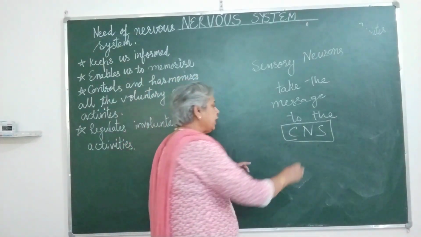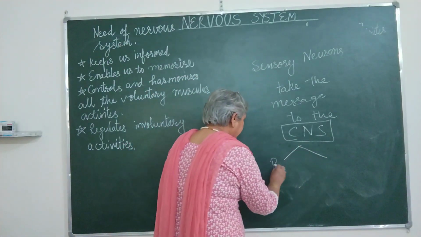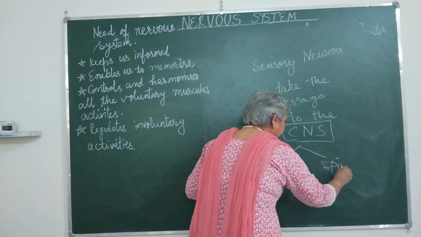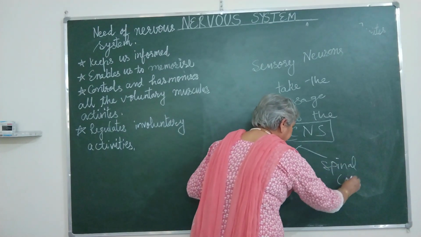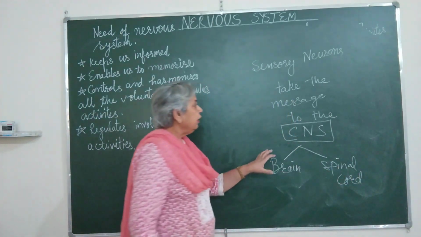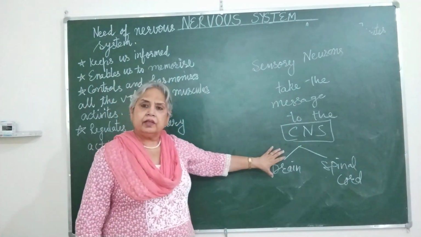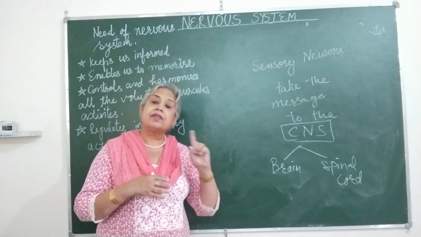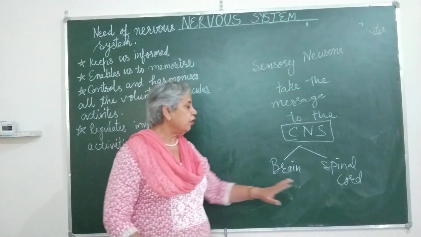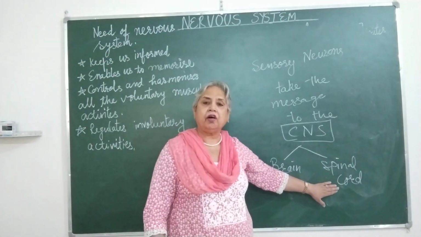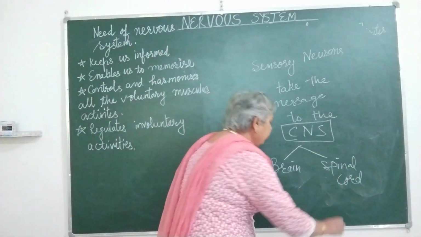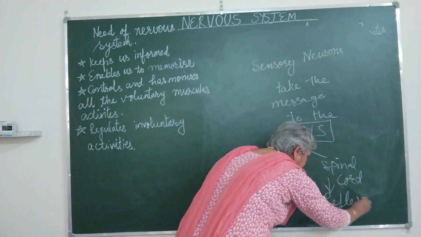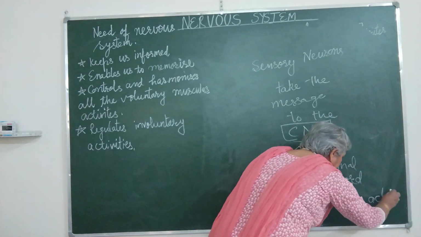It further comprises of brain and spinal cord. Okay? Now, there are certain functions which are controlled by brain, but there are certain functions which are only controlled at the level of spinal cord. So those actions are generally called reflex actions. Okay?